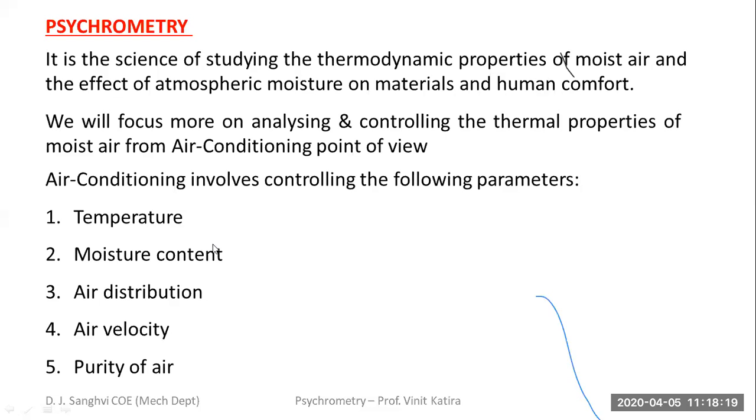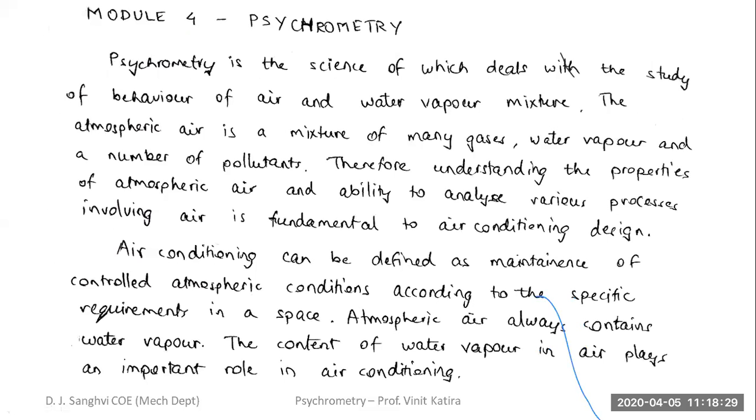Second is the moisture content, as we were discussing. Third is air distribution. Fourth is air velocity. Fifth is purity of air. So I'll be referring to my notes at the moment to just revise through the psychrometry.